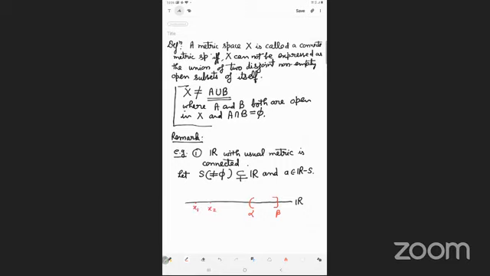Suppose this is A, and considering S, for the sake of convenience, you can take any set. This is one example which I want to put here in general. Suppose this one, or you can say that it is x1, x2.